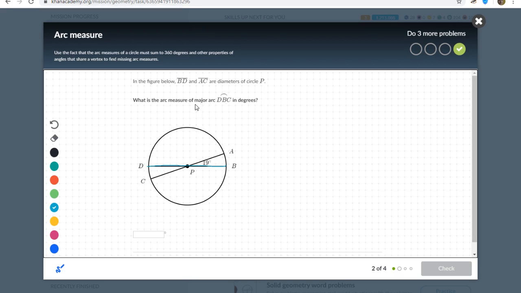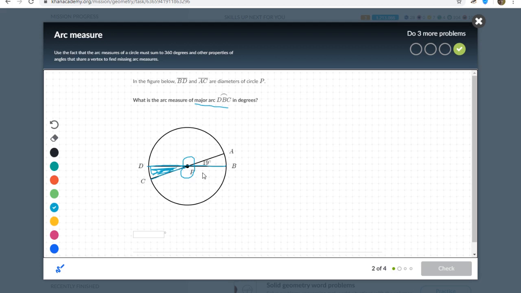What is the major arc of DBC? It wants to know the long way around to hit D, B, and C. So we would go to B, down to C. What we want to exclude is this part right here. We do not want this shaded section here.